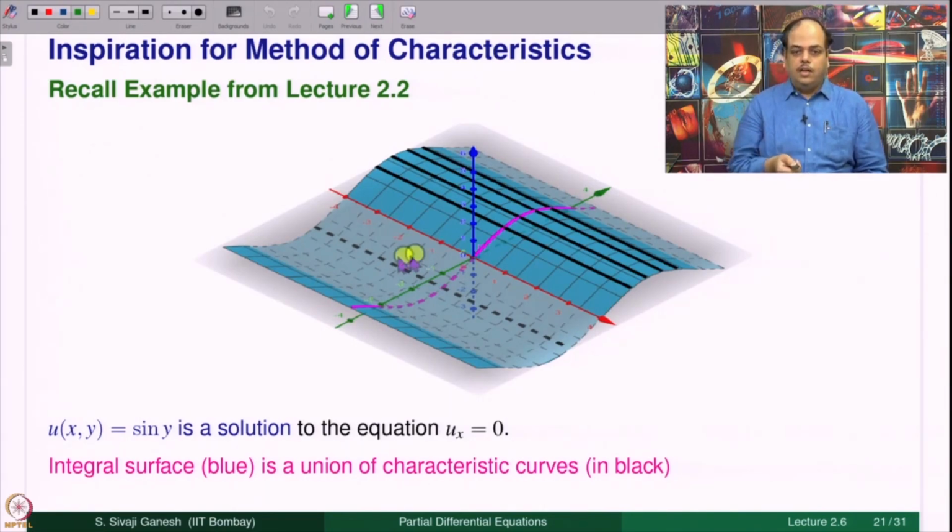In this example, u(0,y) equal to sin y, and the integral surface is blue, and that can be obtained as a union of these black lines, and this magenta is the datum curve, that is (0, y, sin y), (0, s, sin s).